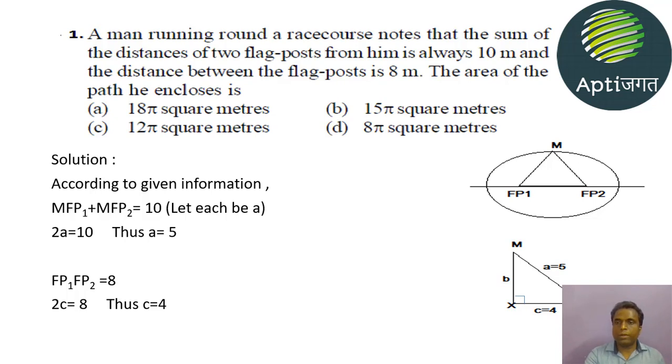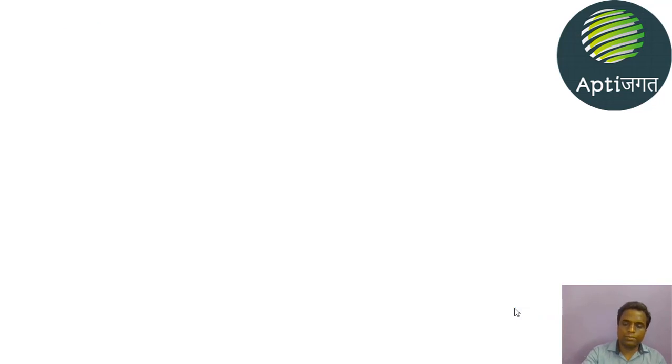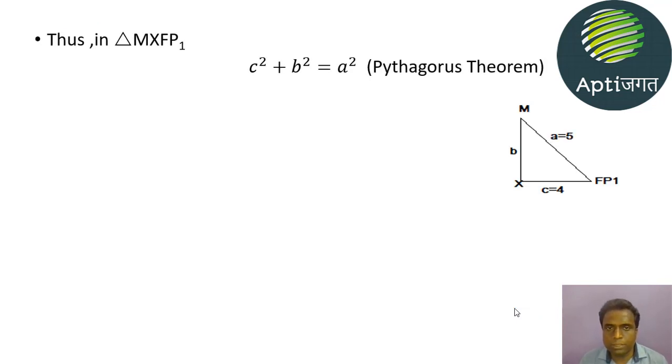So now we will draw a vertical line from the position of the man to the horizontal line of the flag posts, and we will name this point X. This will form a right angle triangle with B as the vertical line and C as the distance between the focus point and the vertical perpendicular point X. Now you can use the Pythagoras formula to find the distance B. C square plus B square equal to A square, according to the Pythagoras theorem.